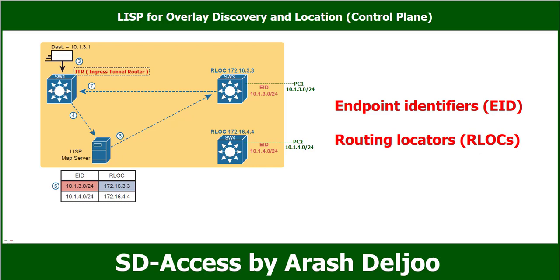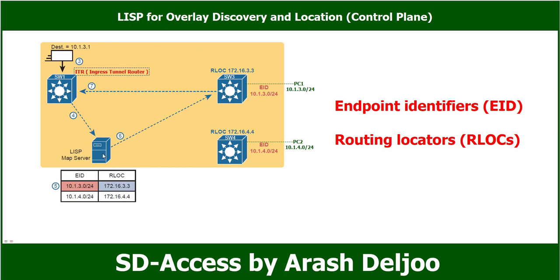What does it mean? We received traffic with destination IP 10.1.3.1. Switch 1 doesn't know how to forward it, so it asks the LISP map server. In the mapping table of the LISP map server, we have one entry for the destination 10.1.3.1 in this range, and the map server knows the routing locator we can use to reach this network.